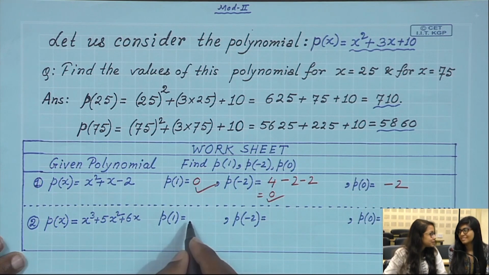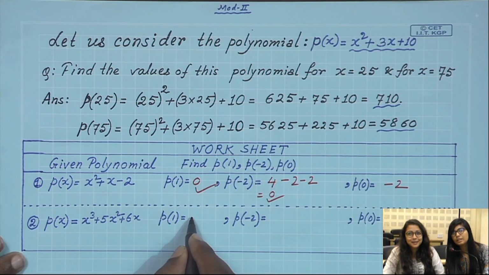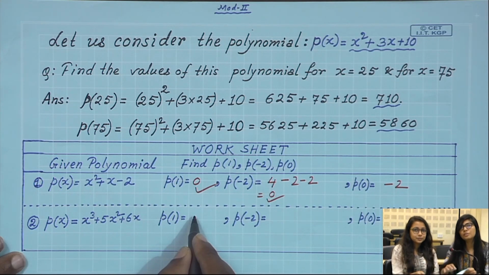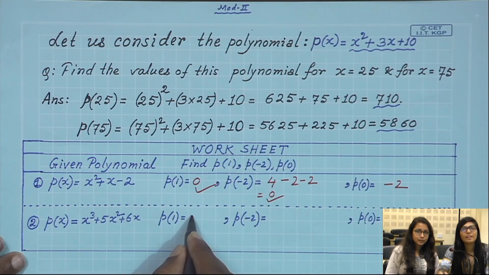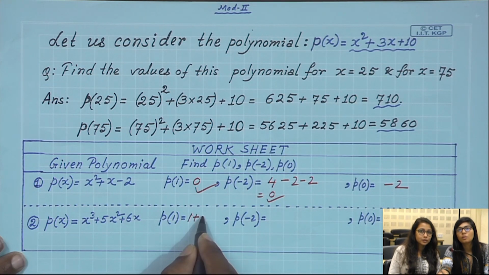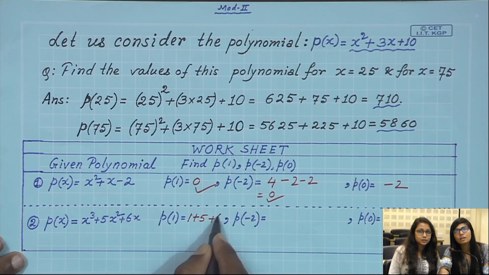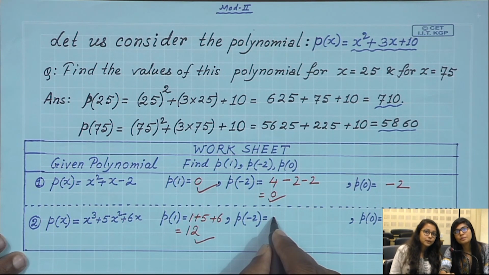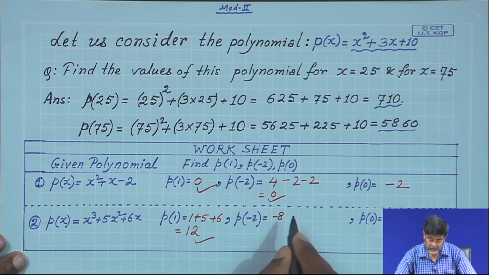You can proceed. For the second example, for p(1) it will be 1 plus 1 plus 5 plus 6. The result is 12. Okay. And for p(-2), for the first term we are getting minus 8. 2 cube is 8, and the minus sign will be there.